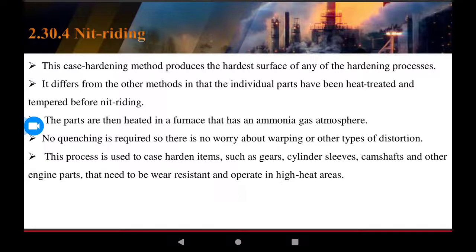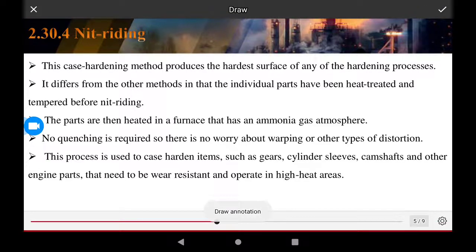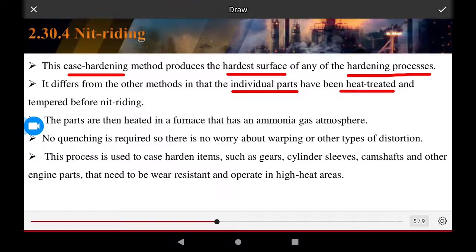Nitriding. What is nitriding? This case hardening method produces a hardened surface without any quenching. It differs from the other methods in that the individual parts have been heated and tempered before nitriding. The parts are then heated in the furnace in an ammonia gas atmosphere.